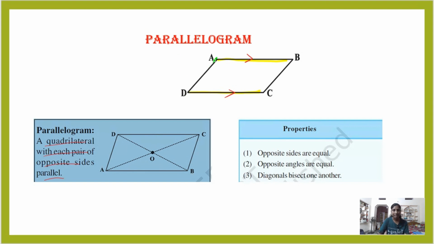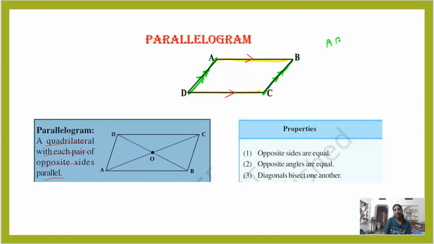AD is a side, and what is the opposite side to AD? BC. AD and BC are opposite sides, and these are also parallel. AD is parallel to BC. And what is the symbol for parallel?